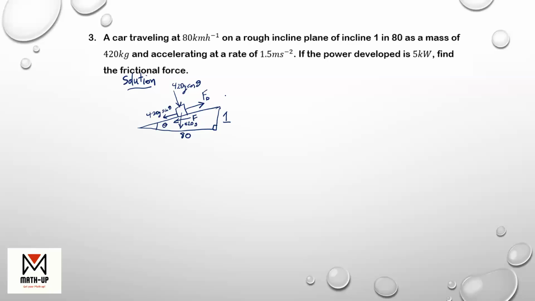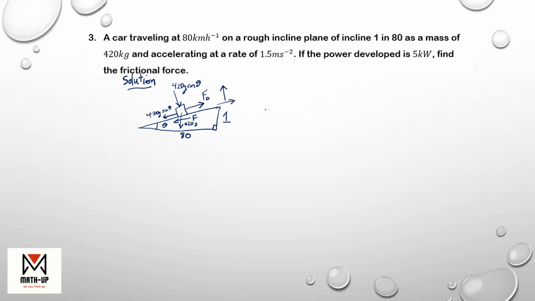So I am going to resolve these forces along the plane and perpendicular to the plane. So along the plane, no, 1 in 80 should not be a sine ratio, because it means you move one unit upwards when you move through 80 units horizontally.